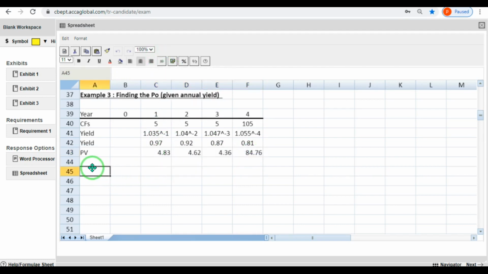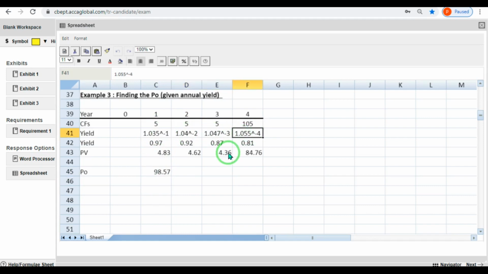Go ahead. And this is going to be your price, which is equals to the sum in total of all this figure. Get the 2 decimals out, so you're going to get 98.57. Is that okay? So this is the present value of all your future cash flows, and the yield is different.